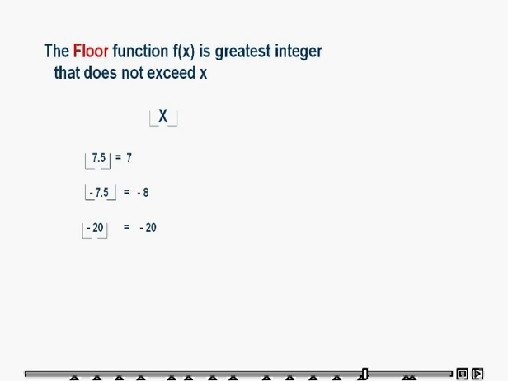To calculate the complete binary tree's depth, we need to know a basic function of elementary mathematics called the floor function. The floor function f(x) is defined as the greatest integer that does not exceed x, and its notation is like this.